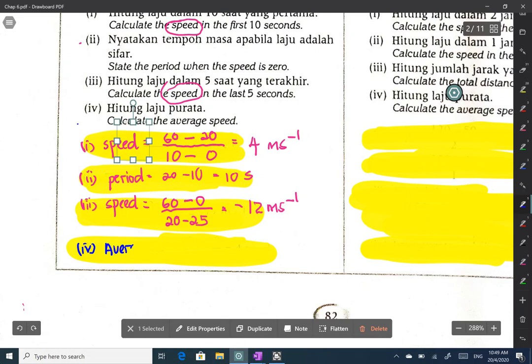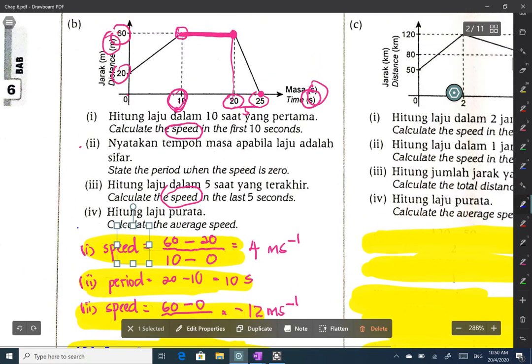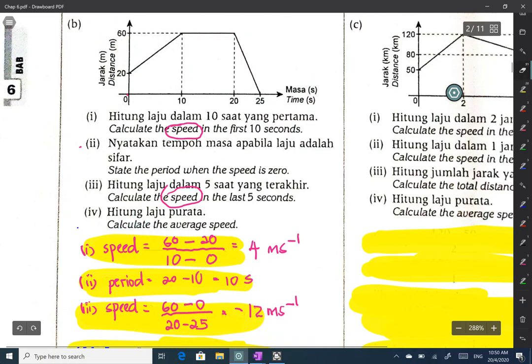Okay, calculate the average speed. Average speed means total distance. What is the total distance? From 20 to 60, so this one is 40 meter.